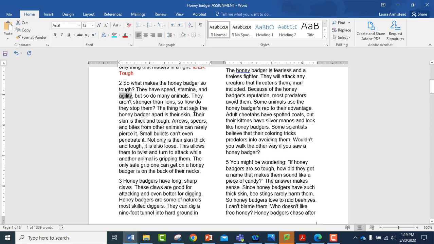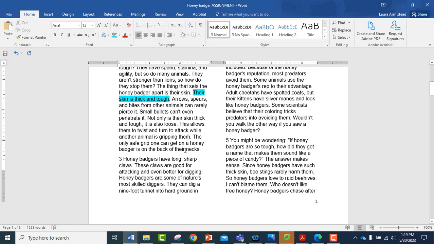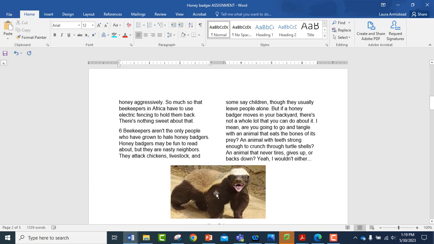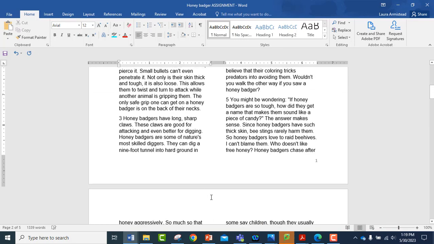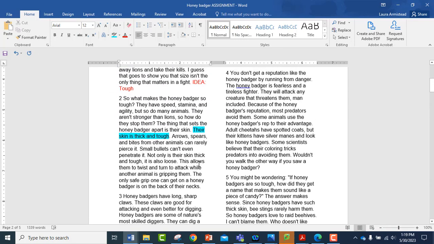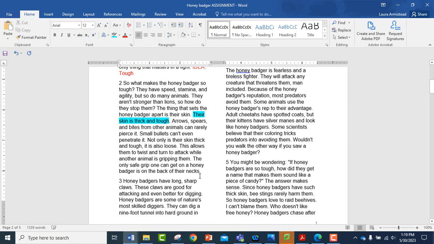Oh, there's something about their skin that we have to know in one of the questions, I think. So I'll highlight that. Arrows, spears, and bites from other animals can rarely pierce it. Some bullets can't even penetrate it. Well, that's interesting. Doesn't look like their skin's that tough. Hmm. Not only is their skin thick and tough, it's also loose.